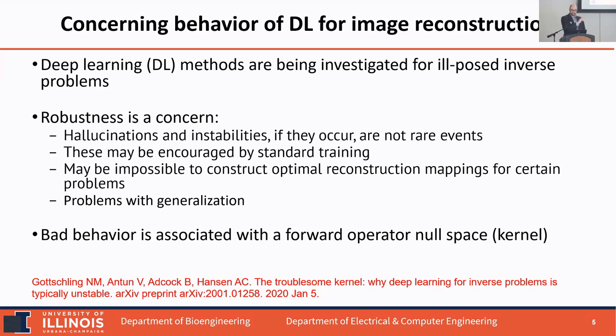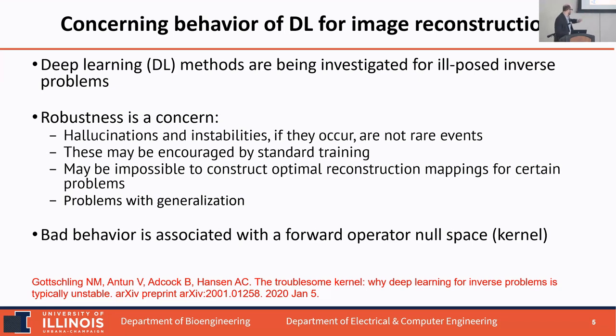But first, let me just remind you all about some of the concerning behavior that we have when we use deep learning to solve ill-posed problems, which is again probably the most common use case. And we all know that robustness is a concern. Hallucinations and instabilities can exist, and if they exist, they might not actually be rare events. This bad behavior is generally associated with the null space of a forward operator.